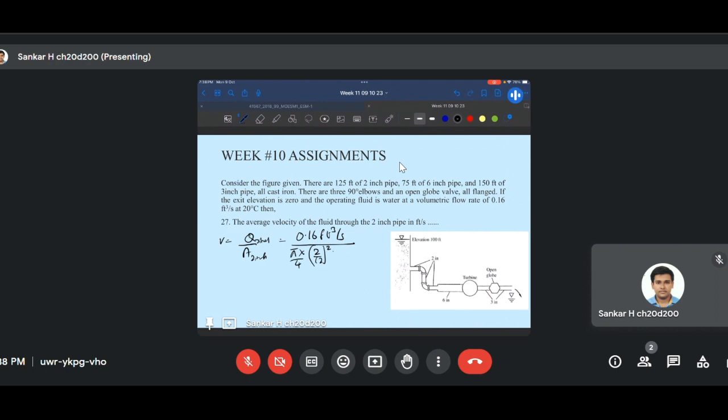Which is equal to 7.33 in meters per second.